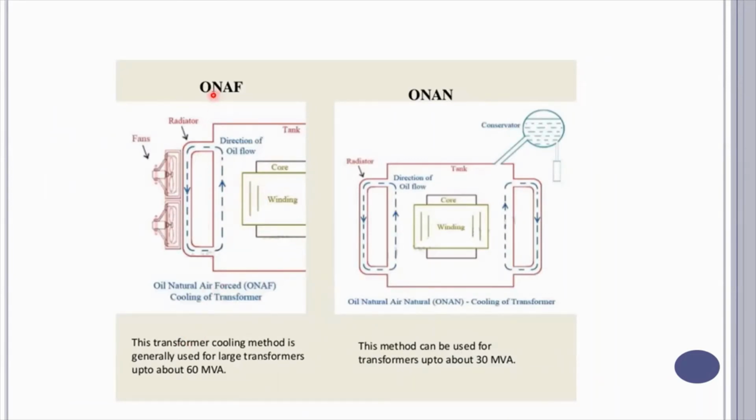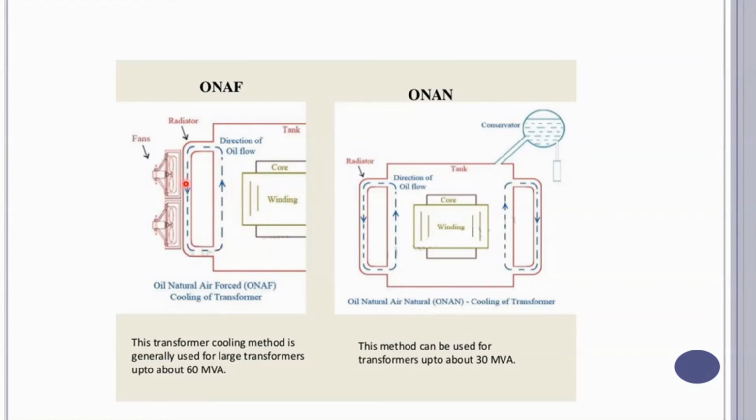So ONAF, oil natural air forced transformers, are used for about 60 MVA. So this 60 MVA denotes the power rating of the transformer. So this method is used up to 60 MVA transformers. As you could see here, we have fans and the air is forced. So oil is not forced.